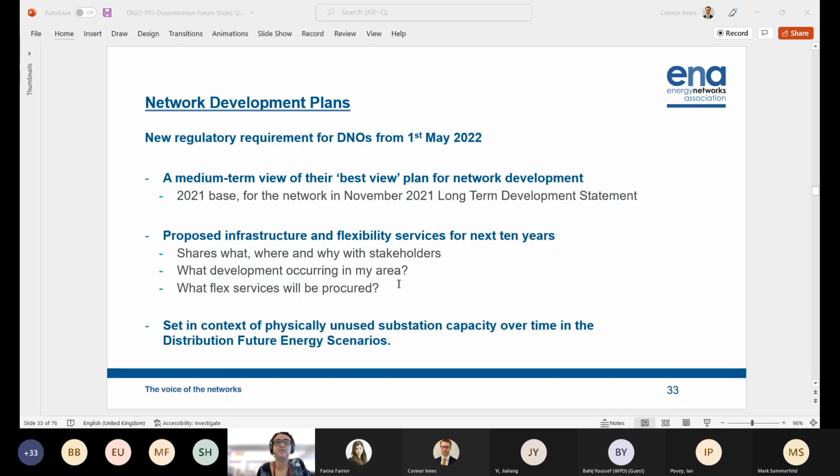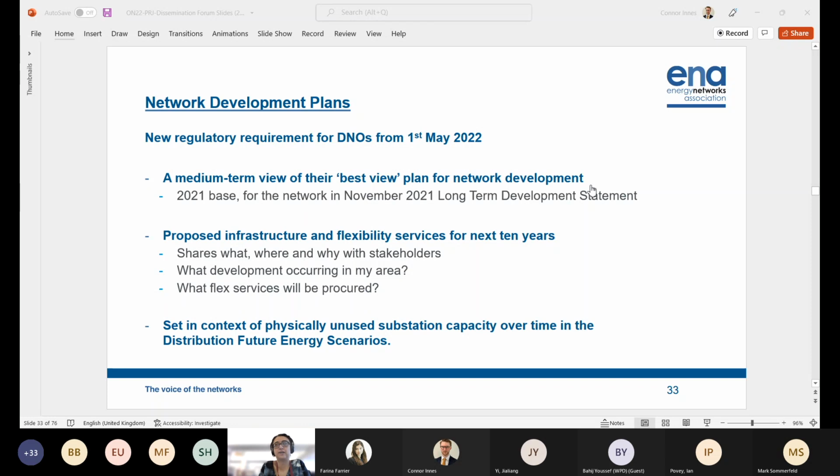So the purpose of this is that through the network development plans, each DNO is going to be able to give some more information about what's happening in each network area, where and why with stakeholders, answering 2 key questions about what development is occurring from an infrastructure perspective, and also what flexibility services will be procured.